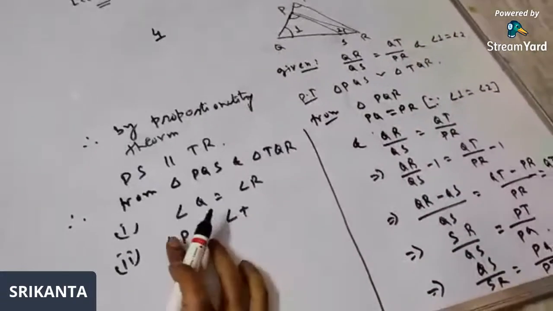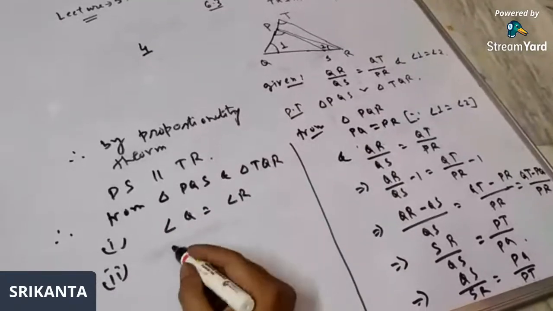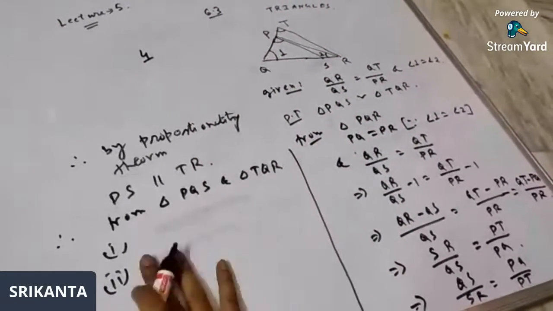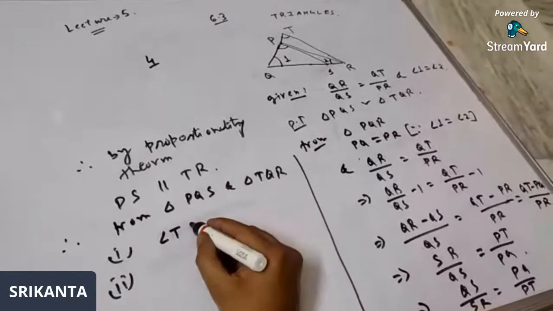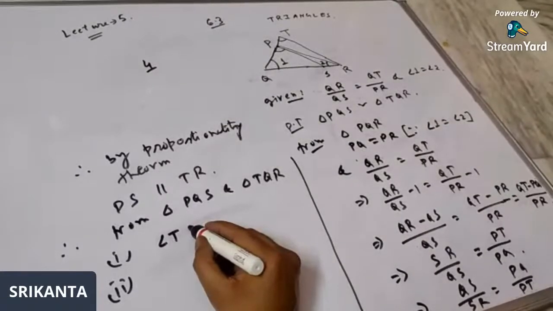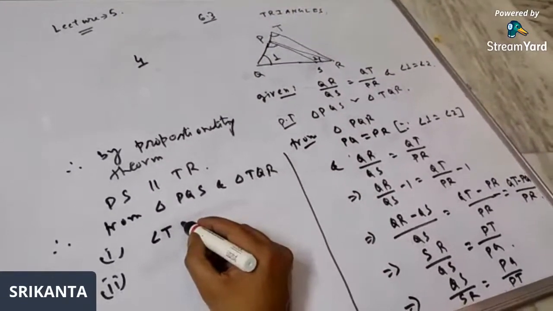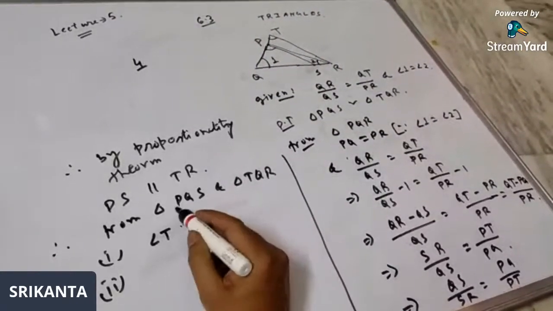So if you are not able to understand, just write here angle Q is equal to, write in proper name. So we are going to write angle T. PQS and TQR.